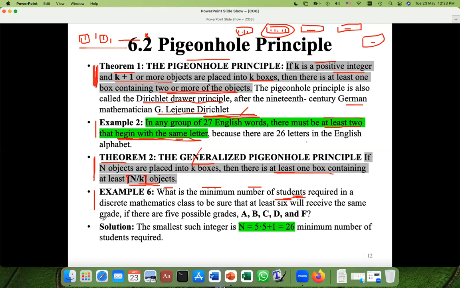We don't know the strength. This question is asking for the minimum total number of students in the class. If you have that strength in the class, then finally you can say that at least this many students will get the same grade.